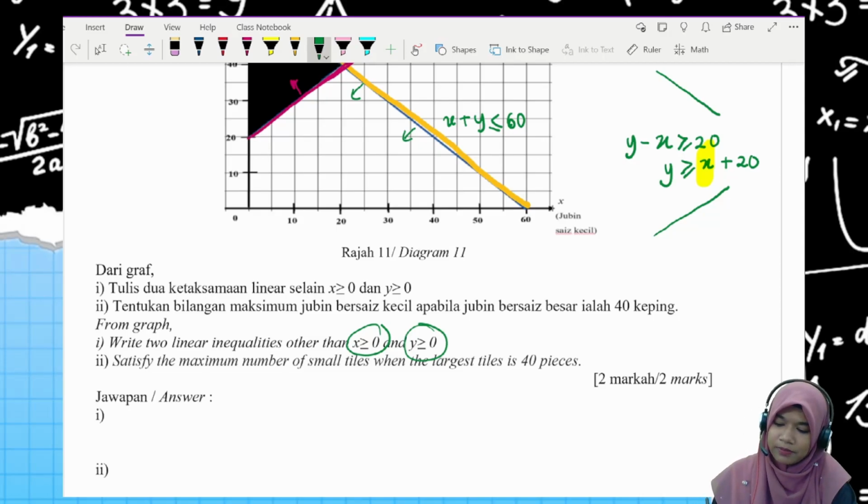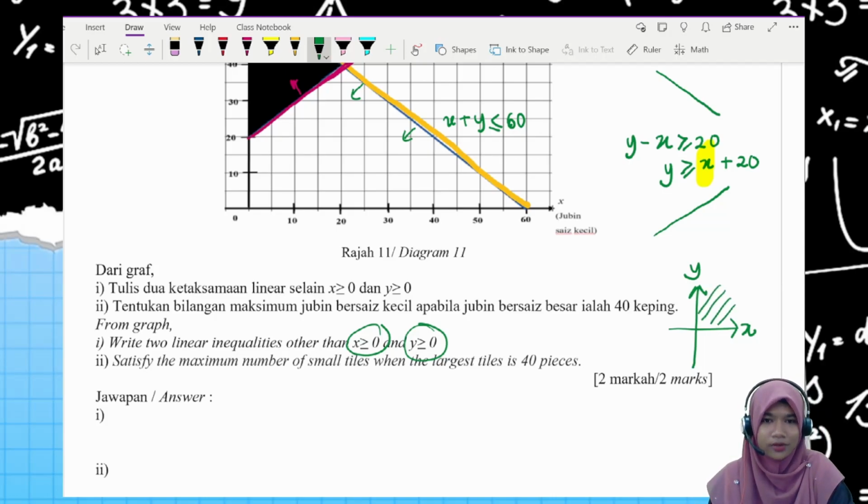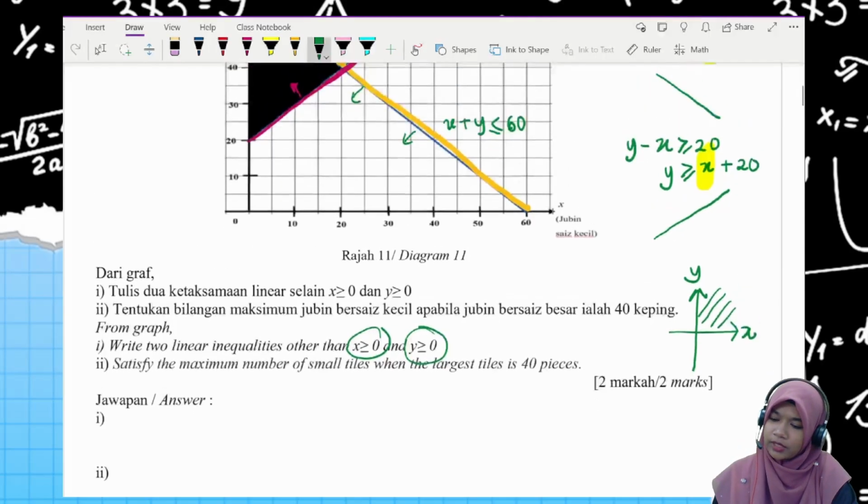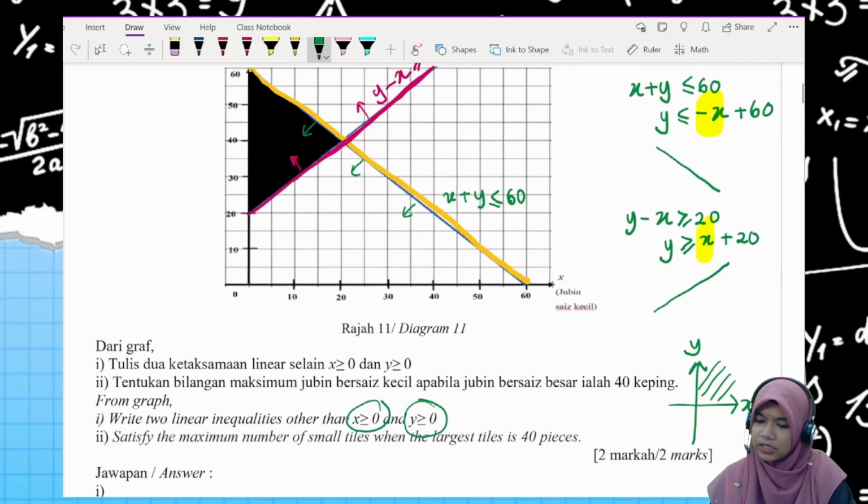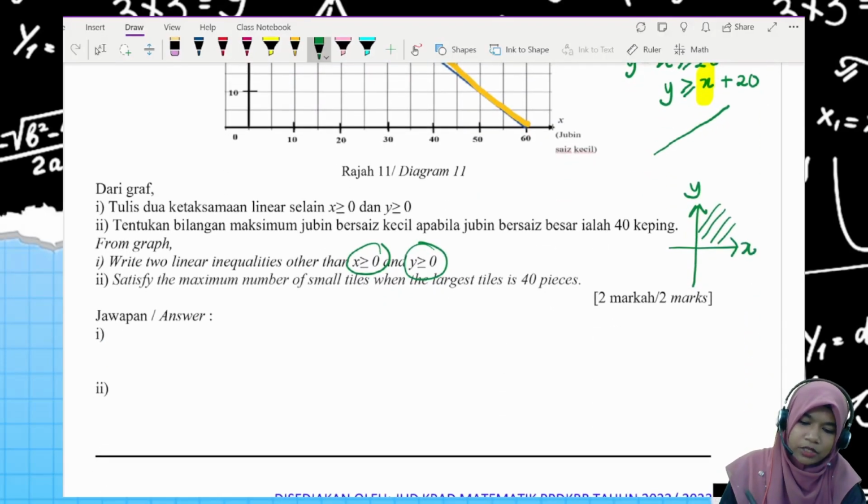On the Cartesian plane, this one is the x axis and this one is the y axis, so it just involves the first quadrant. You just write back the linear inequalities from just now. Make sure you write in the answer space.